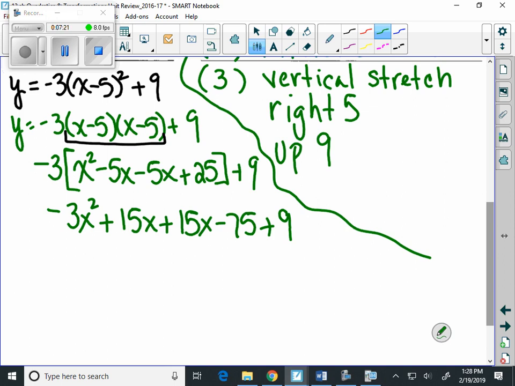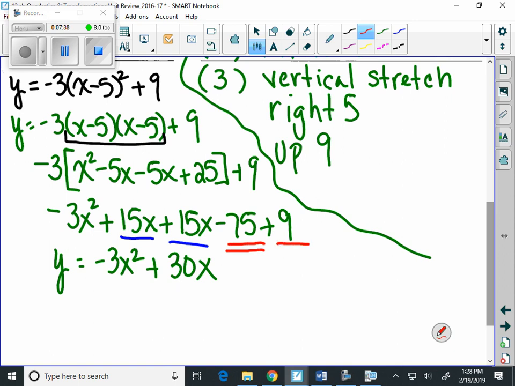And now when we combine our like terms, we still have y equals negative 3x squared plus 30x, the 15x plus the 15x. And then lastly, we've got minus 75 plus 9, which should give us minus 66. And this is the standard form.